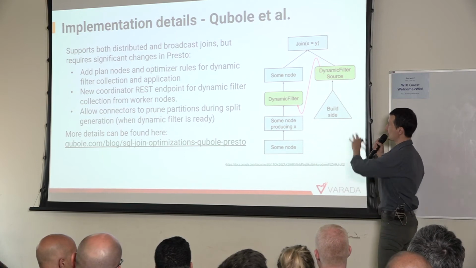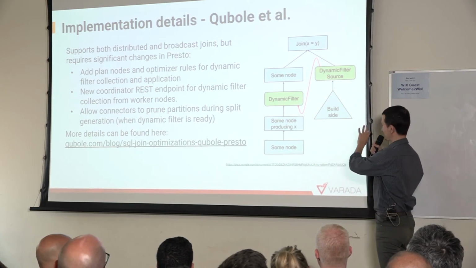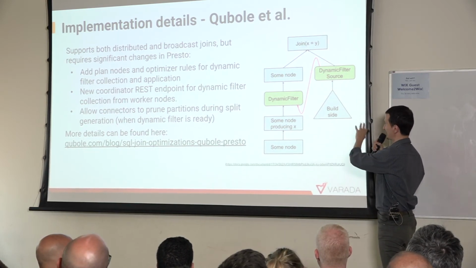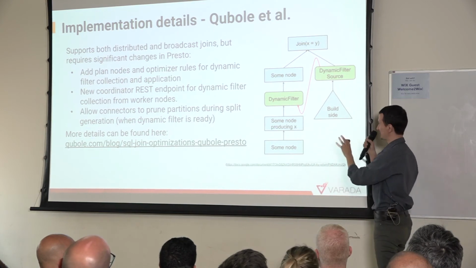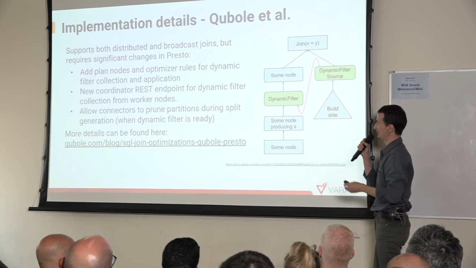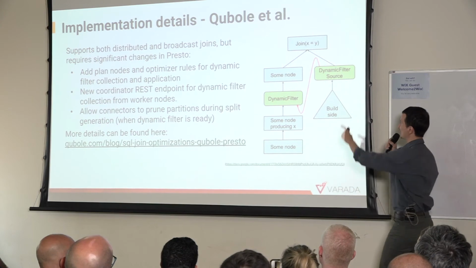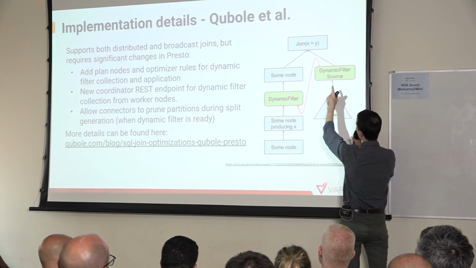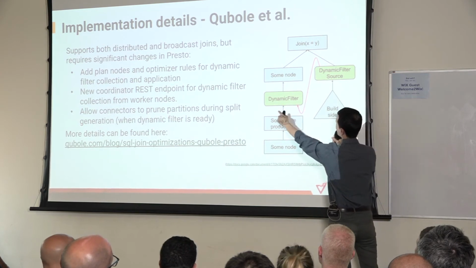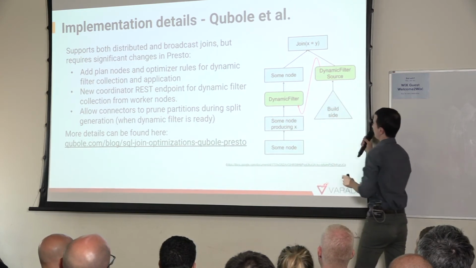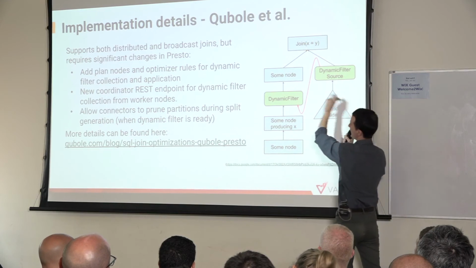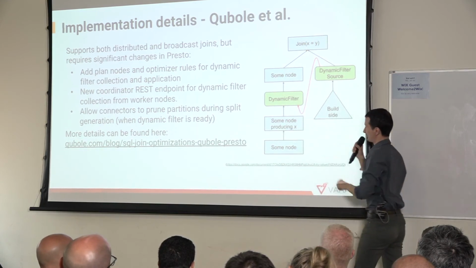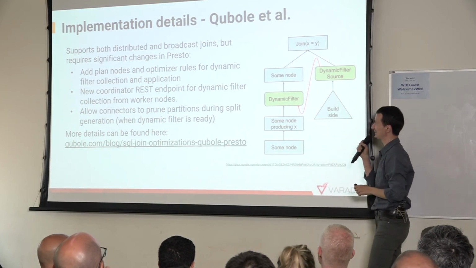It requires modifying the nodes of the query plan and adding new optimizer rules for doing the correct things before executing the query. In order to support distributed join, it requires using the coordinator in order to collect all the relevant filters and to pass them into the scan of the left-hand side.